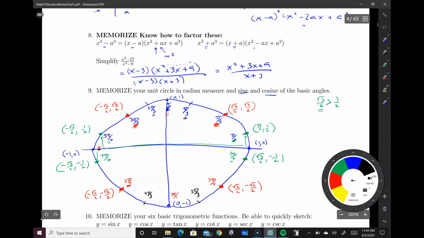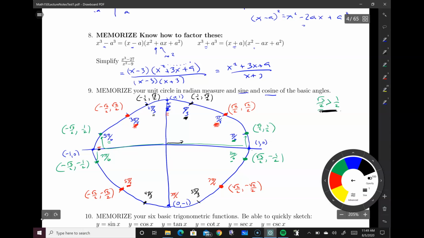All right, so let's go to the pi over 3 terms. The pi over 3 terms use these same 2 points. So this here is going to have a small x value and a large positive y value. This one right here has a small negative x value and a large positive y value.